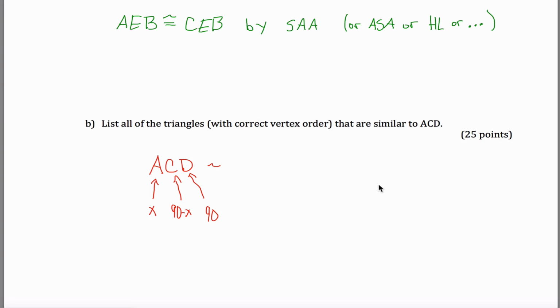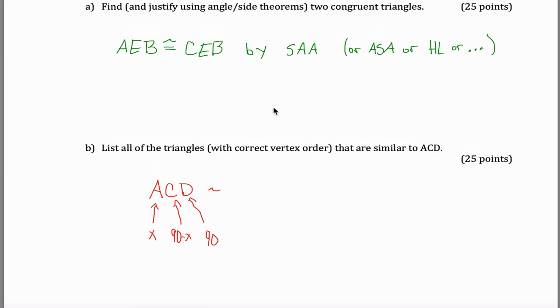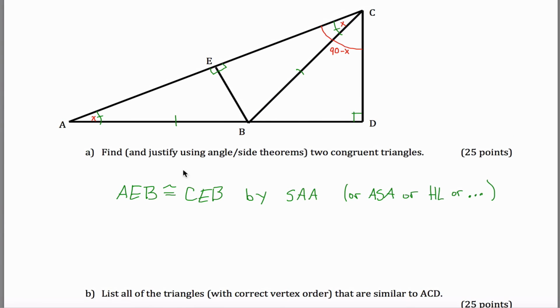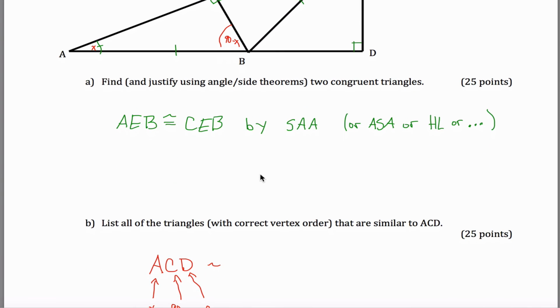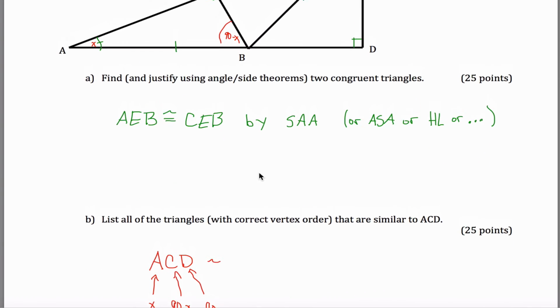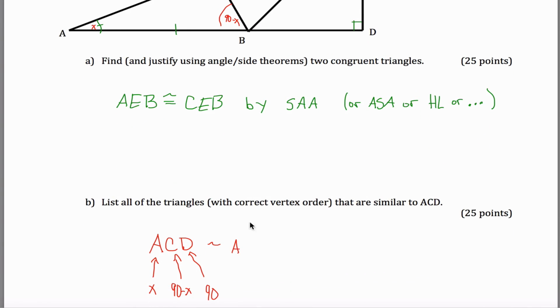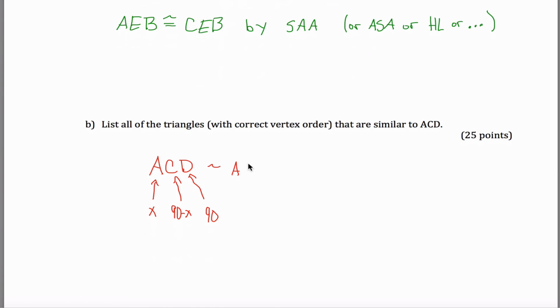So the question is, can I find any other triangles that have x, 90 minus x, and 90 as their angle measures? Well, here's an x, and here's a 90, and because these three angles have to sum to 180, this one down here must be 90 minus x. So what that tells me is that triangle ABE is similar to this guy.